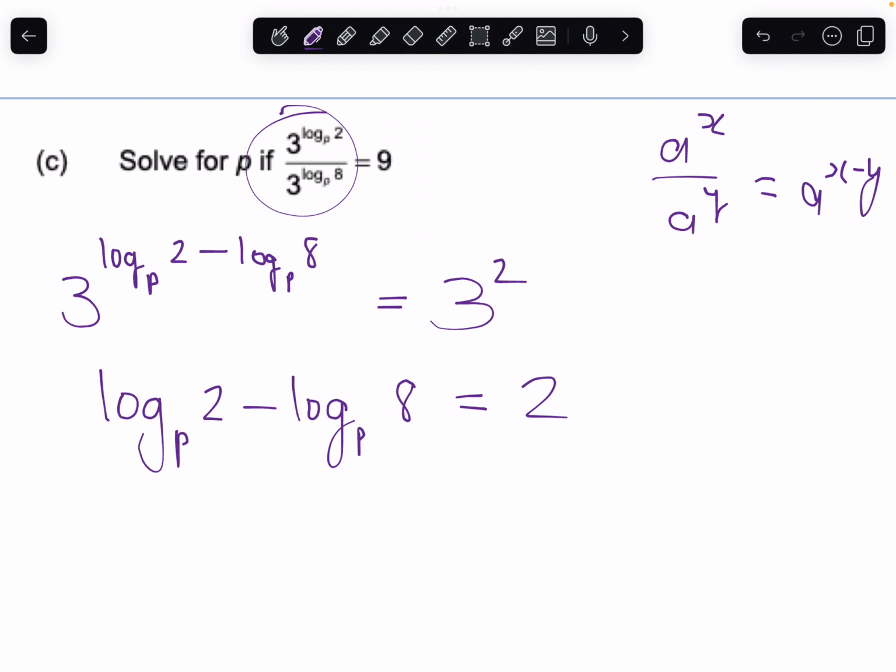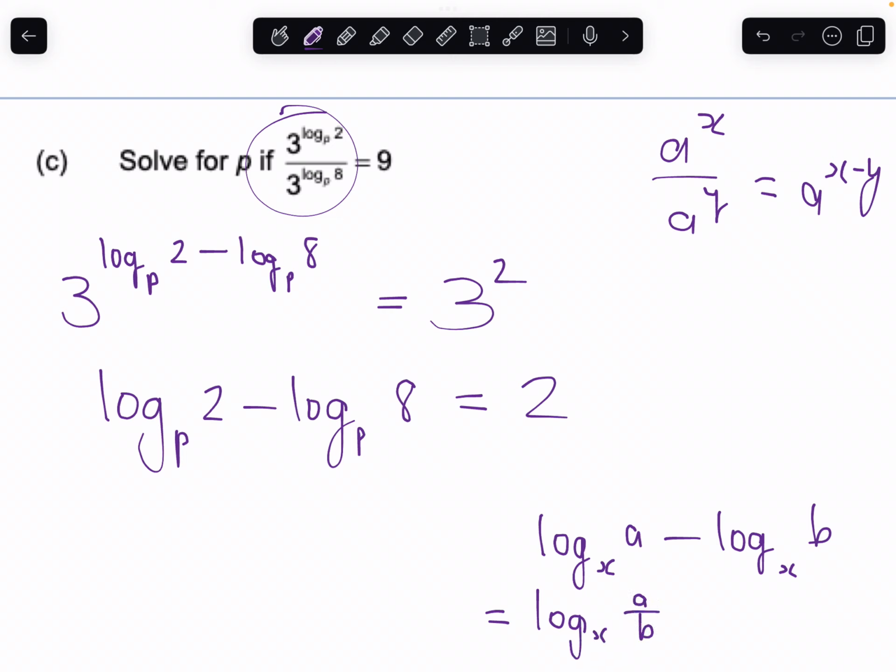Then our log laws tell us that log base x of a minus log base x of b is the same as log base x of a over b.